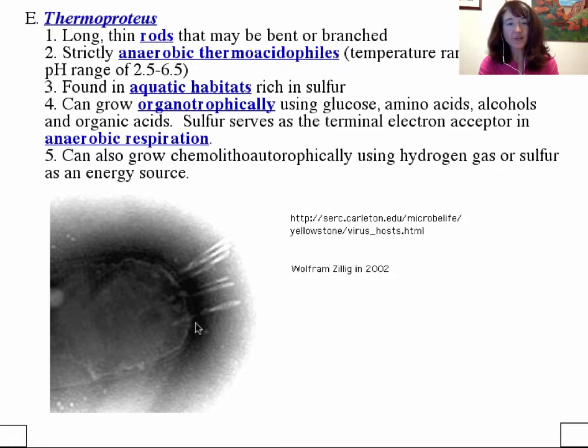This is a really neat picture. It was taken up at Carleton College. Well, I should say it was taken in Yellowstone, but by researchers at Carleton College. And this is so sweet because you can see this is a virus right here that's attacking the Thermoproteus. So think about that. There is a whole viral world that attacks Archaea.